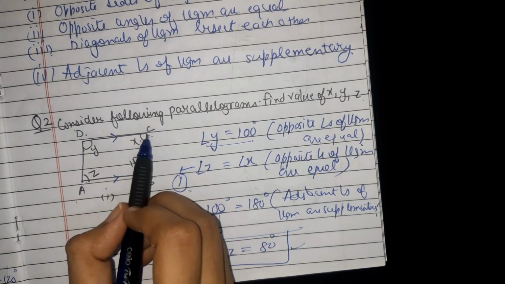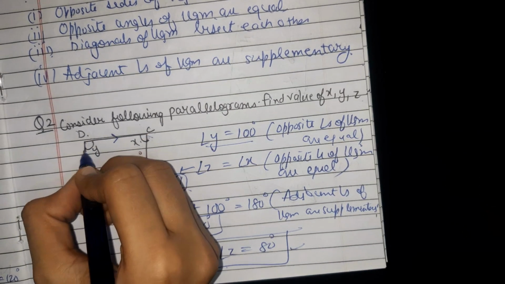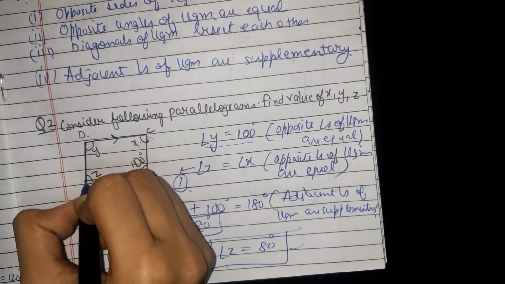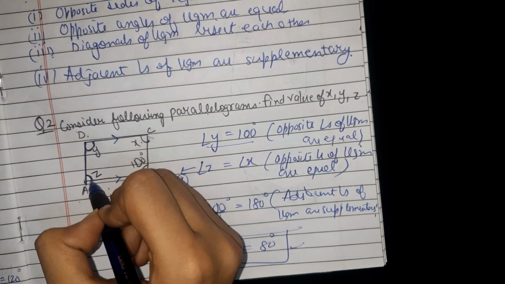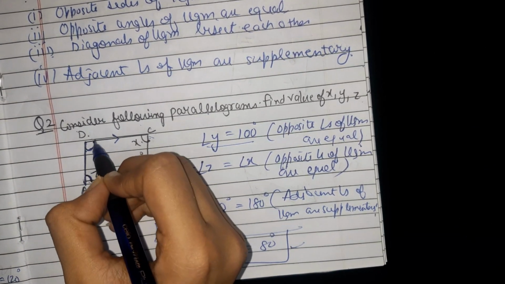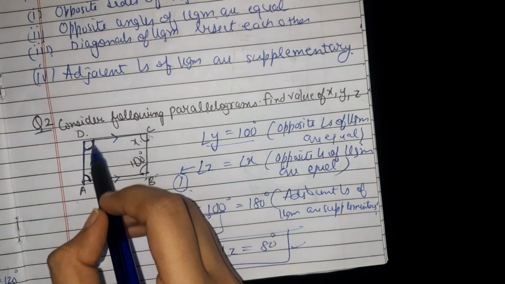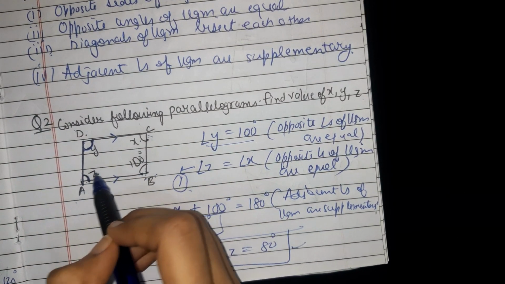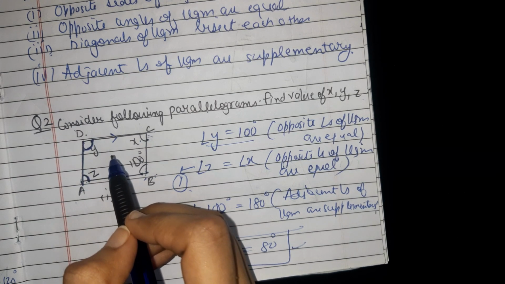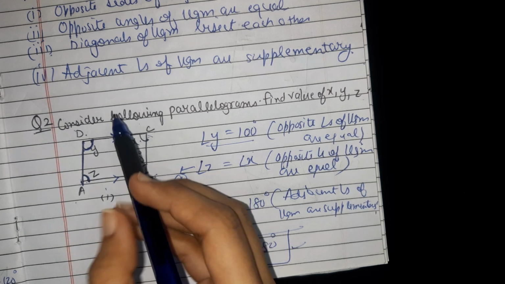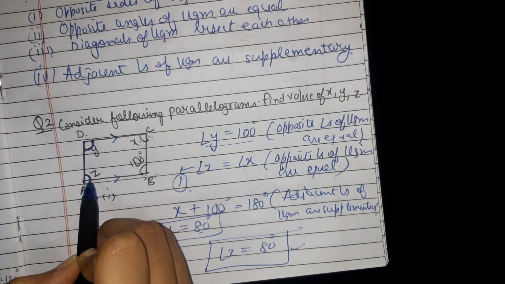Okay, DC is parallel to AB, and this is a transversal, and these are the angles on the same side of a transversal, and they are interior angles. We know that each pair of interior angles on the same side of the transversal is supplementary. So here angle y plus angle z is equal to 180 degrees.